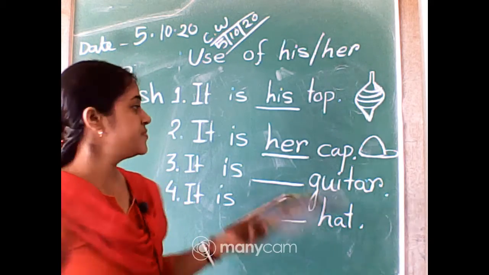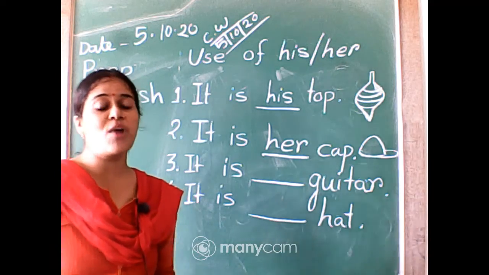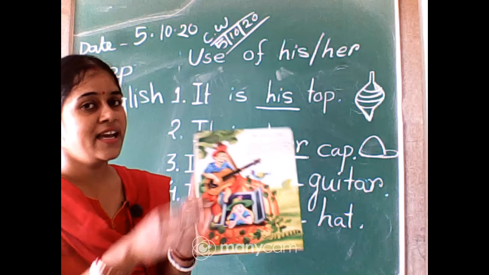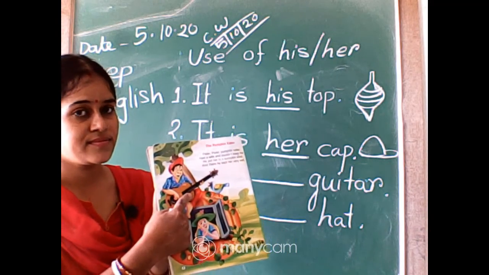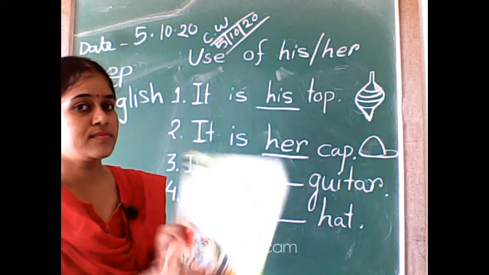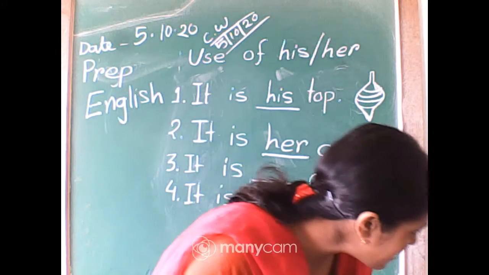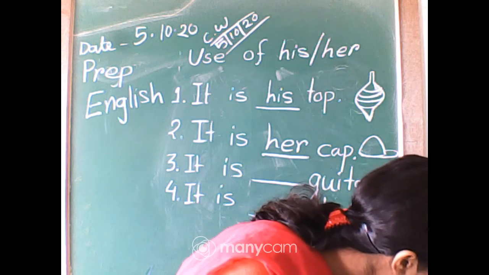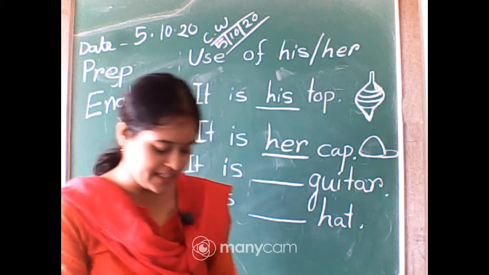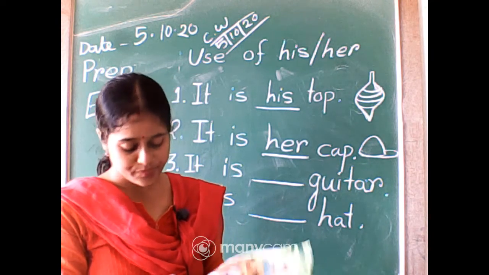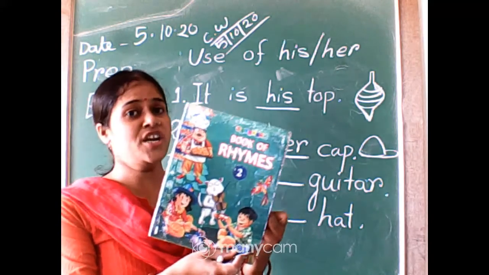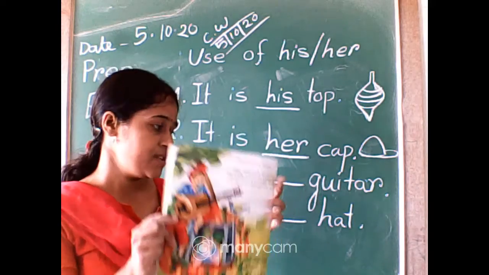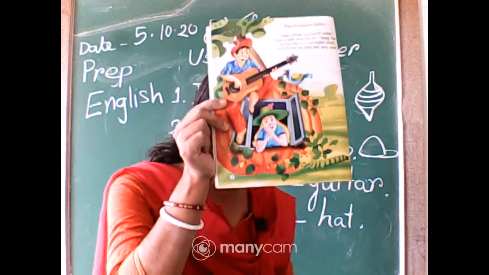Write down the answer on your notebook and chat box also. Peter is a boy, so the answer will be his. Page number 34, and this picture is from your rhyme book.